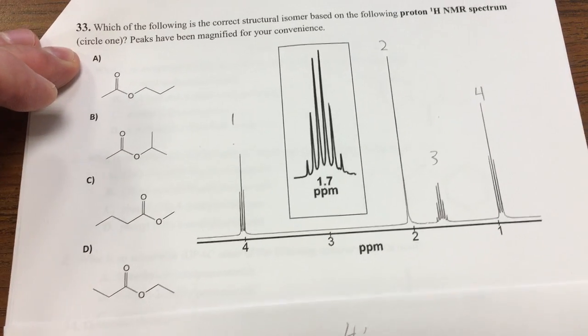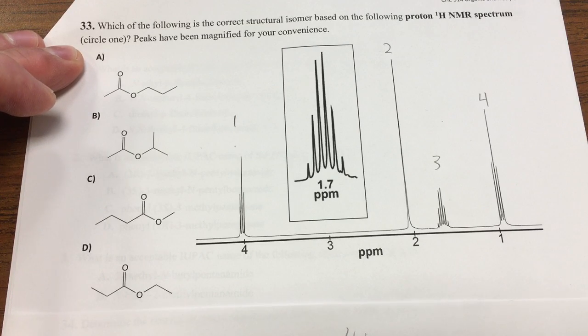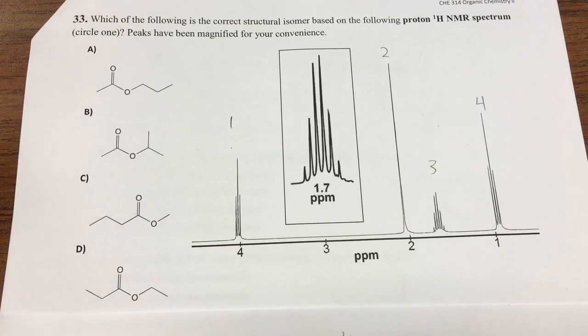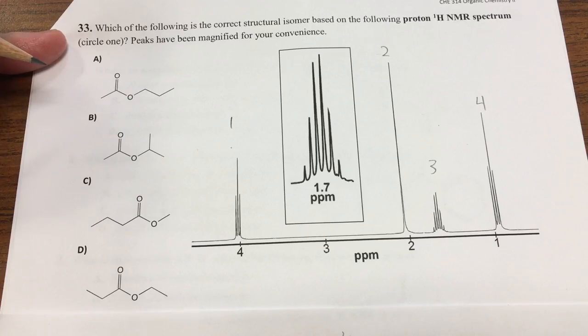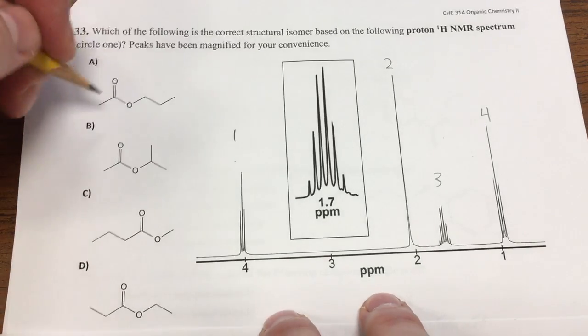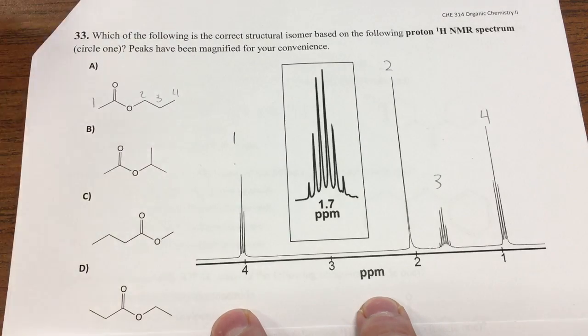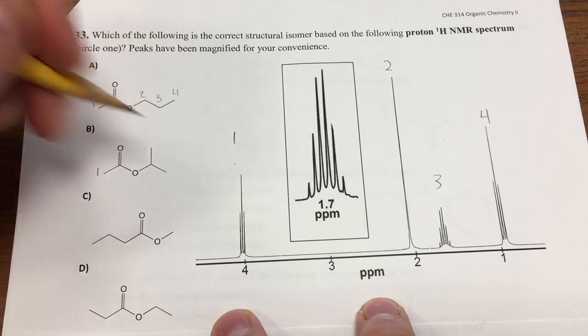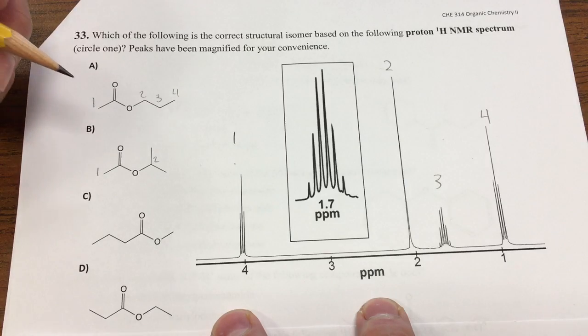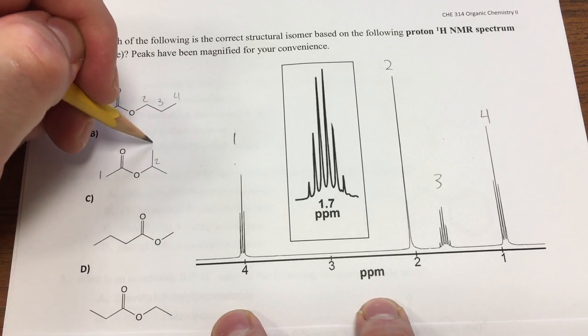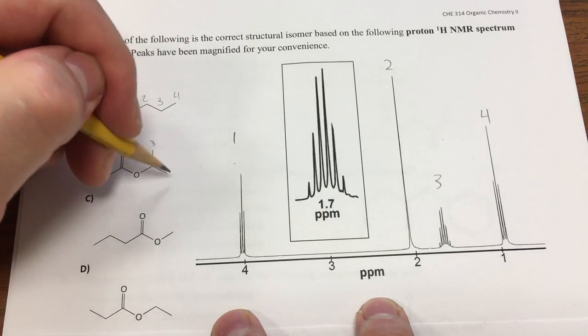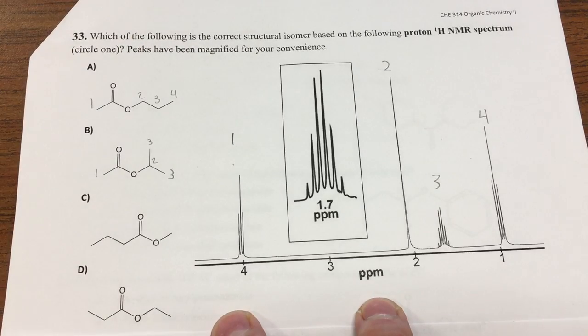So in the problem solving technique, you would determine the number of signals given off by the hydrogens in each of the answer choices. 1, 2, 3, 4, so that's a possibility. 1, 2, but that methyl group is the same as this methyl group over here. So B we can cross out.